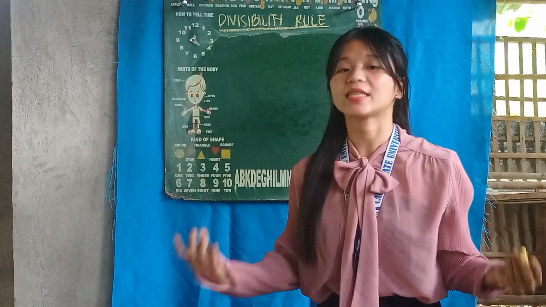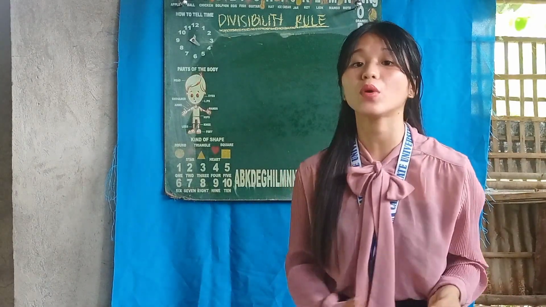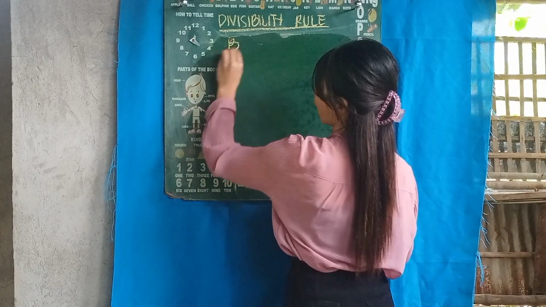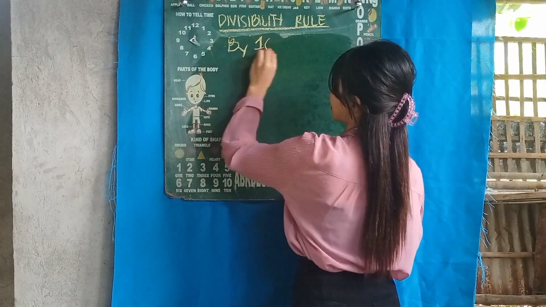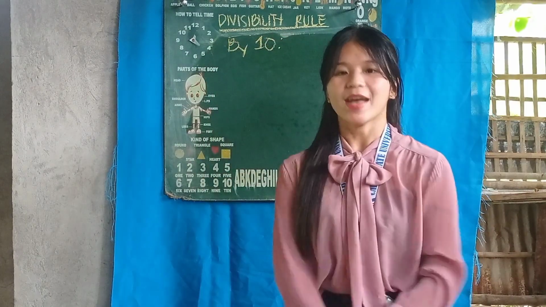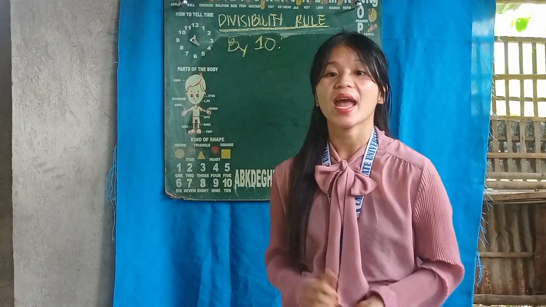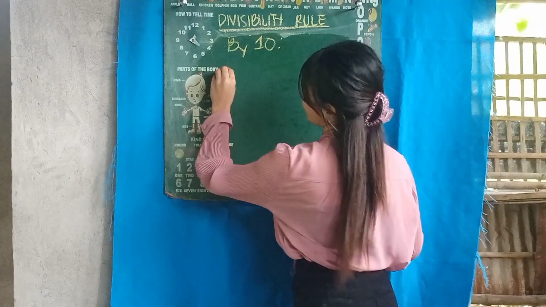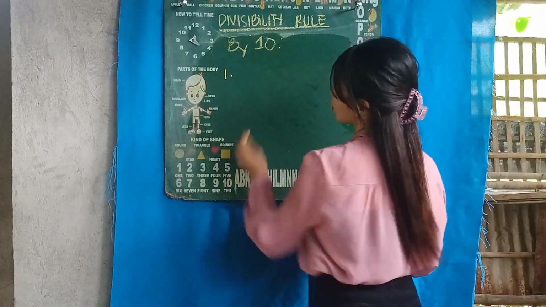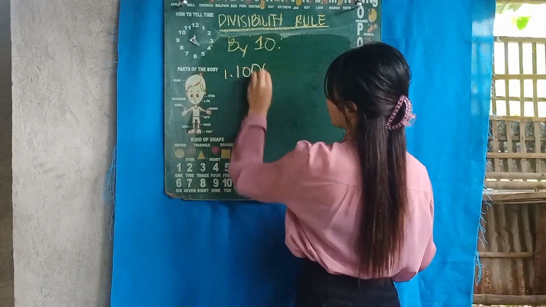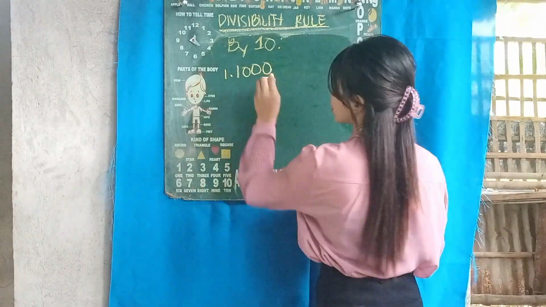So, the last one is the divisibility rule by the number 10. A number that ends in 0 is already divisible by 10. So, this is very easy. Example number 1 is 1,000. Ends with 0.